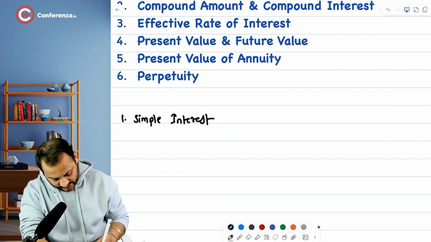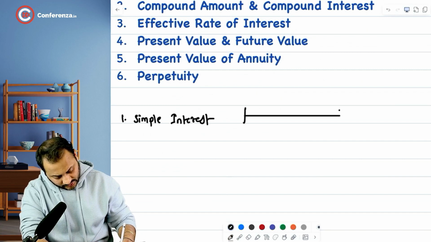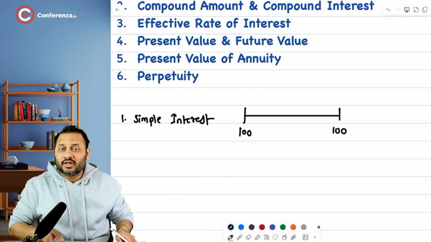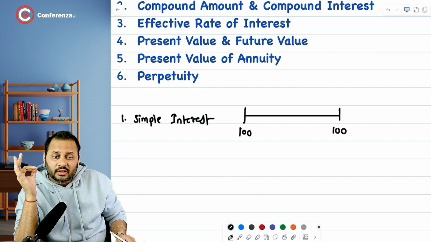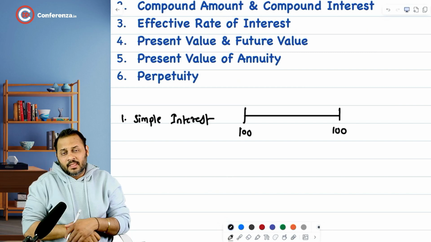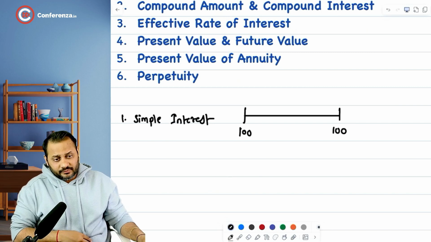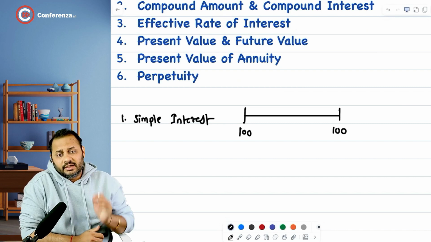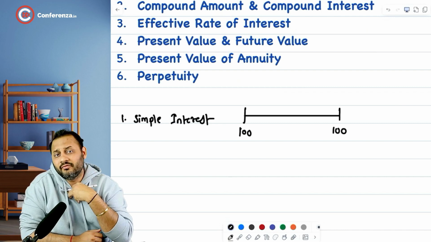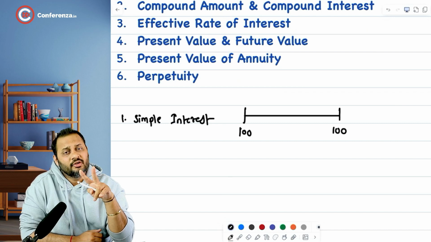And we will start it with a logic that today's 100 rupees is not equal to the 100 rupees that you are going to receive after 1 year. So if I give you an option, I will prove this by giving you an example. I will give you 100 rupees and there are 2 options with you.